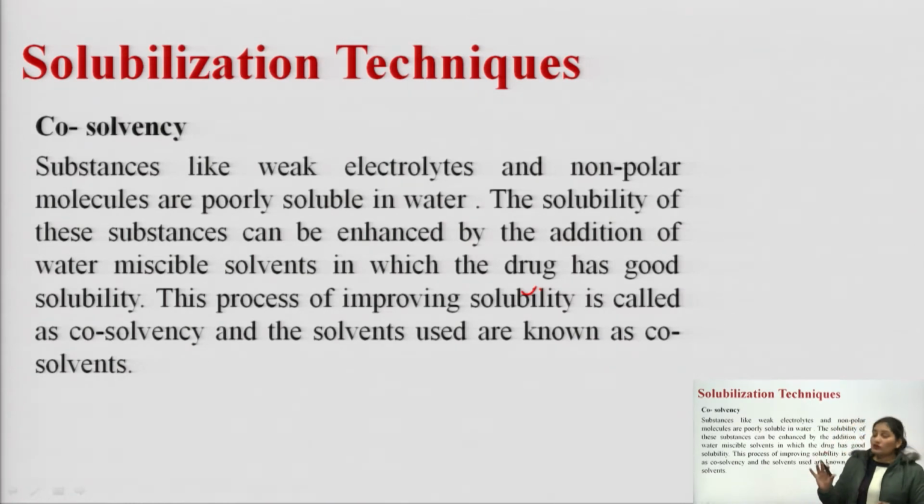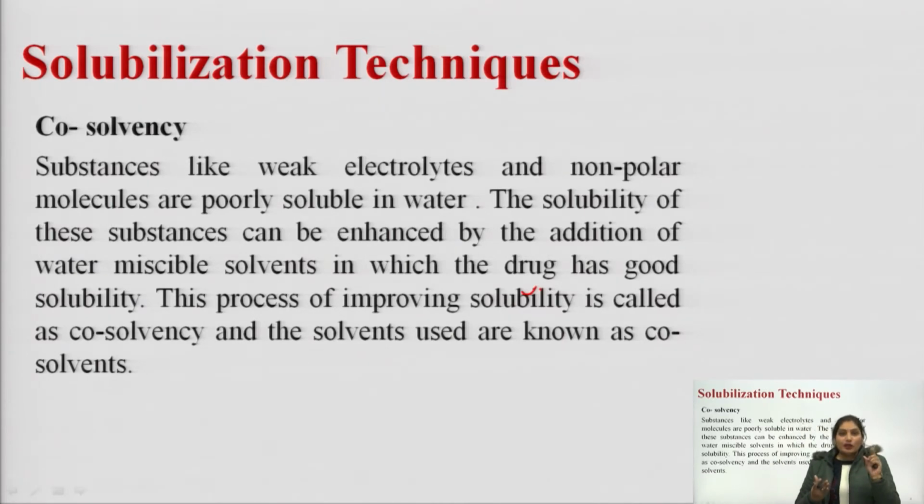In the case of the co-solvency process, there are certain substances like weak electrolytes and non-polar molecules that are poorly soluble in water, and the solubility of these weak electrolytes or non-polar molecules can only be increased by the addition of certain water-miscible solvents in which the drug has good solubility. Okay.